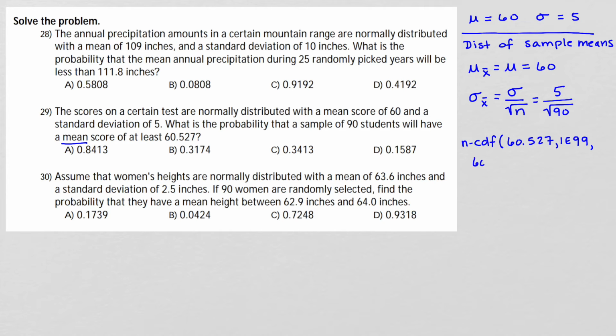Mean is 60, and the standard deviation is 5 divided by the square root of 90. When I put that into the calculator, I've got 0.1587.